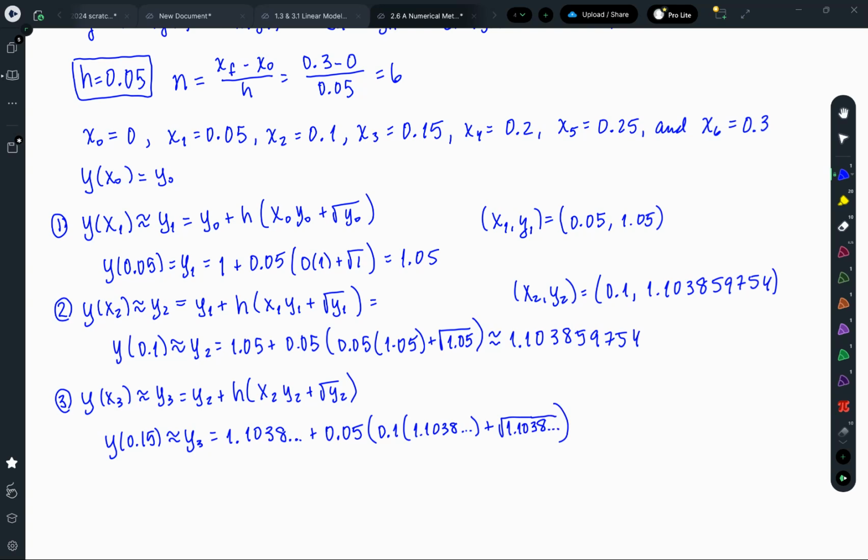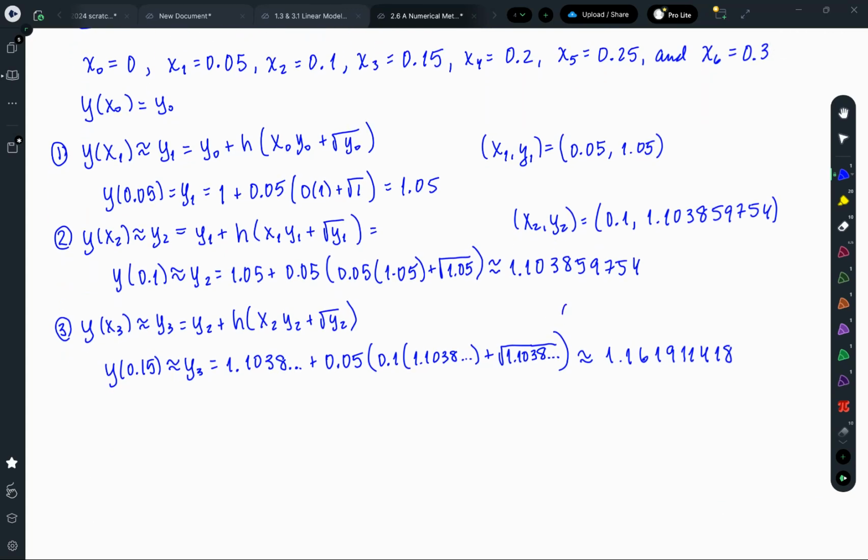All right, plugging it into the calculator, I get that y of 0.15 is approximately 1.1619111418. Okay?